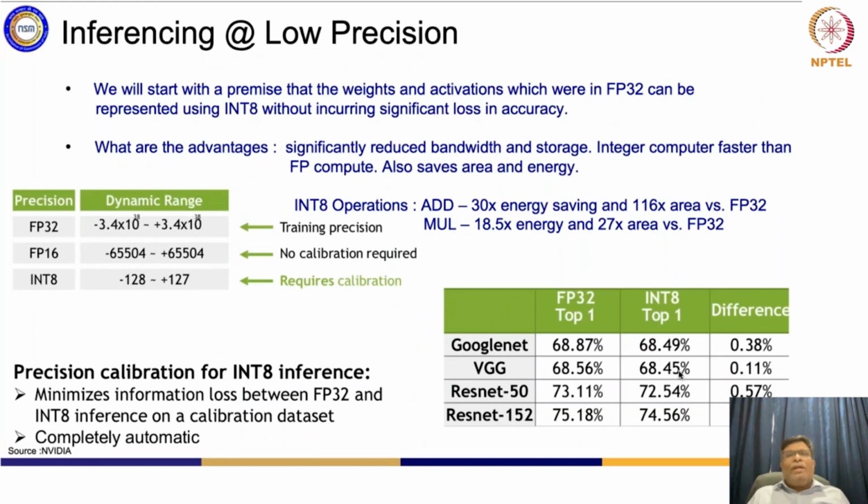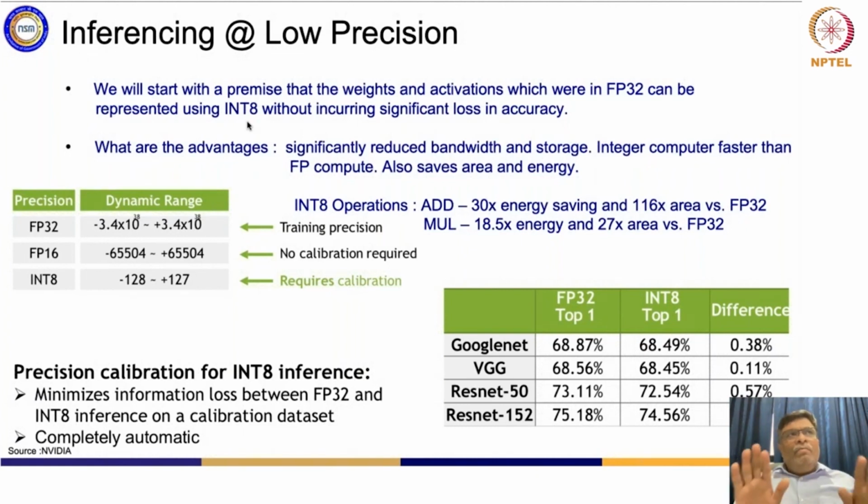Okay, so now let us try to understand this inferencing at low precision. Again, here we'll start with the premise that the weights and activations which we used during the training of our model were floating point 32, FP32, and they can be represented using int 8 without incurring significant loss in accuracy.